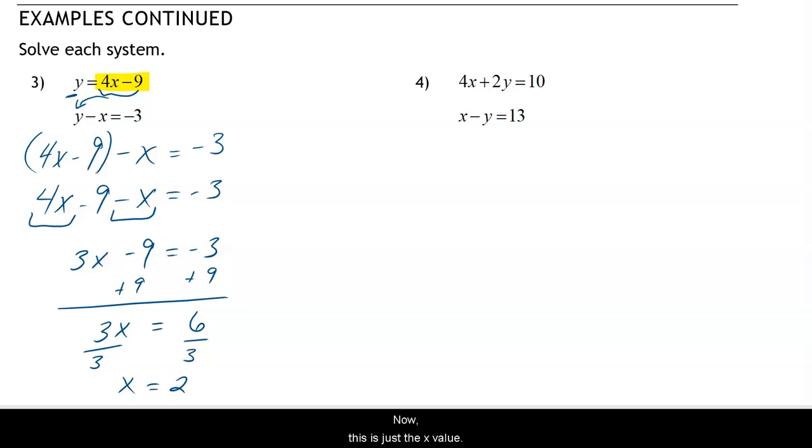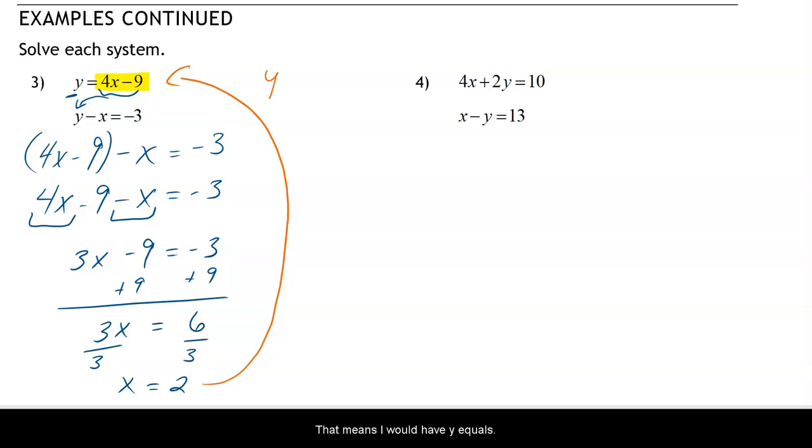Now, this is just the x value, okay, which we do need, but it is not our final answer. Anytime you have a system, you have to find the values for both variables. So we have a y and an x, so I need to plug this x value back in, all the way back up here, for the x value so I can solve and find out what y would equal.